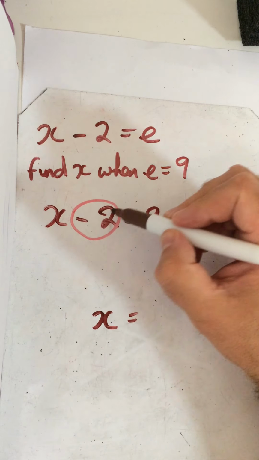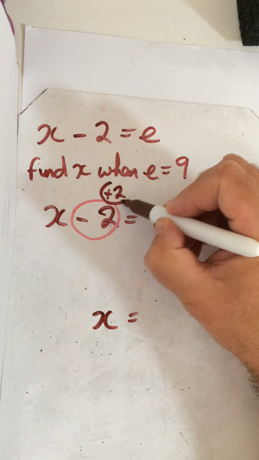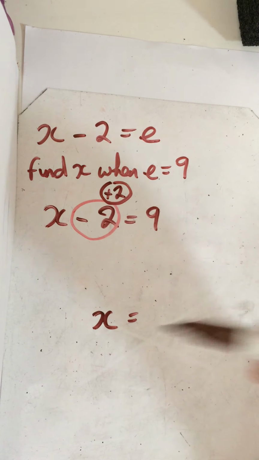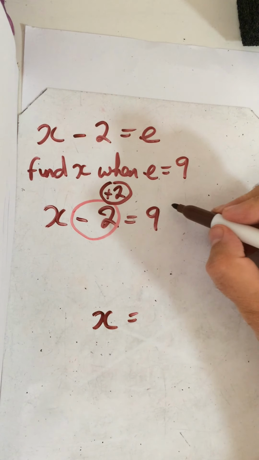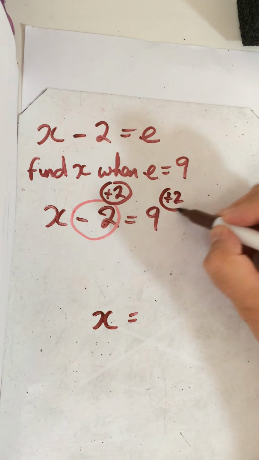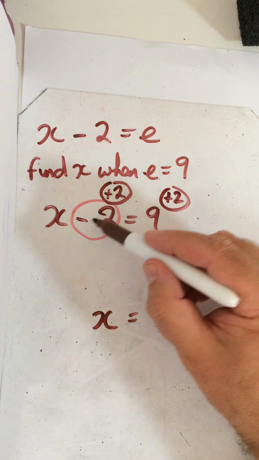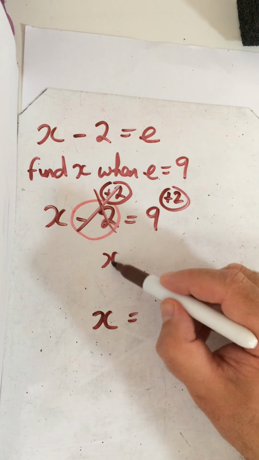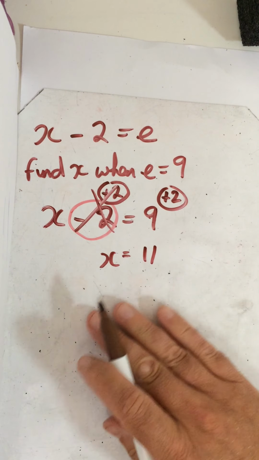So if I'm minus 2 here, I'm going to add 2 to get rid of it. Minus 2, add 2 would leave me with 0. It's called the balancing method, so do the same on the other side. Plus 2, that means I've got rid of this. So that leaves me with x, 9 plus 2 is 11, x equals 11.